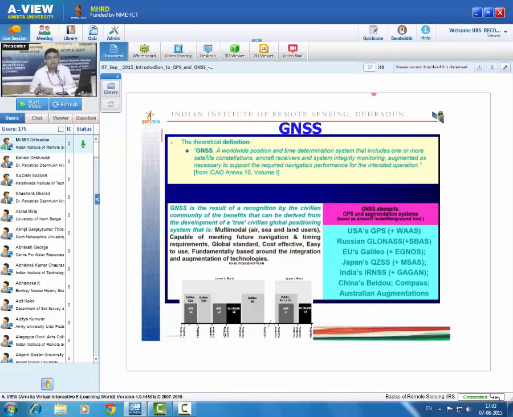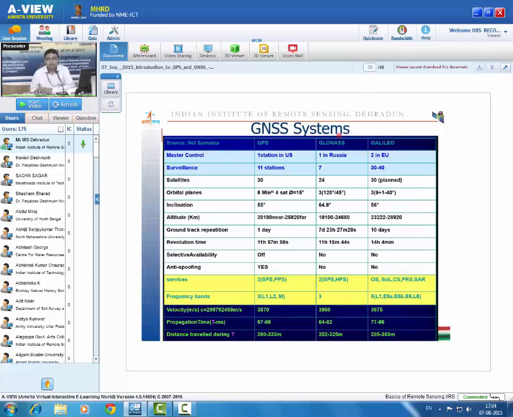Now, the systems have been prepared by various countries, as we can see on this slide. Navistar GPS is by the United States of America, GLONASS is by Russia, Galileo is under construction by the European Union, BeiDou is by China, and QZSS is by Japan.